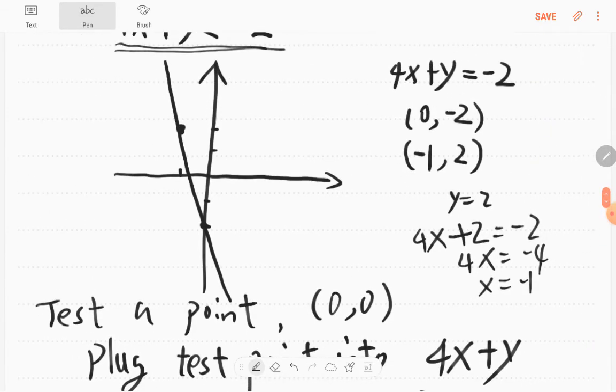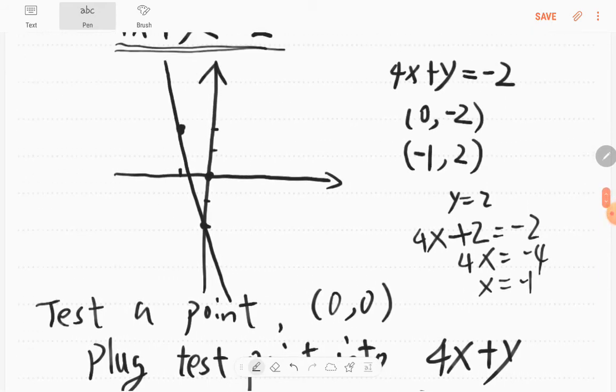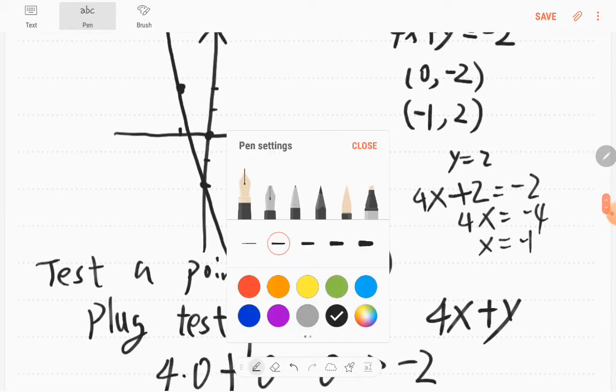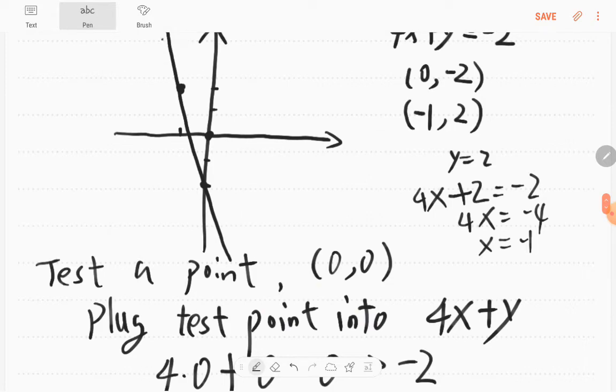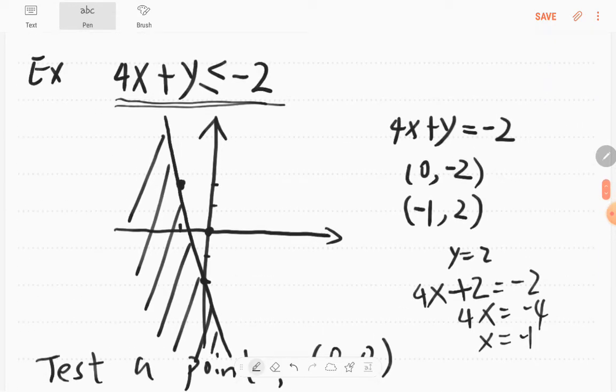So in other words, the half region containing the origin would be greater than negative 2. So the other half would be less than. So this is the region which satisfies this inequality.